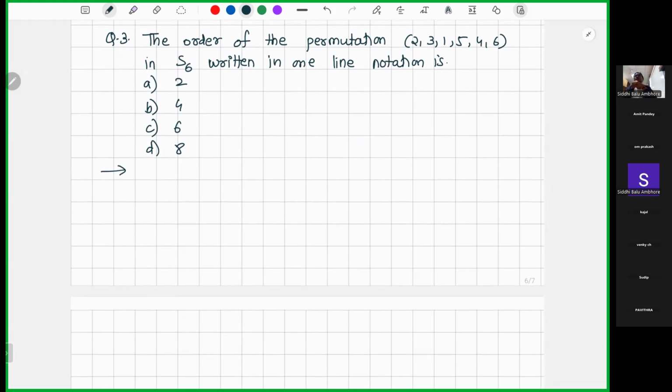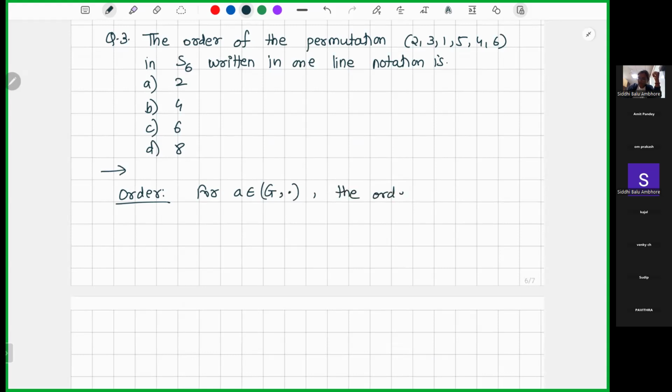Right? So the order is, for A in G, let me write the operation to be this.